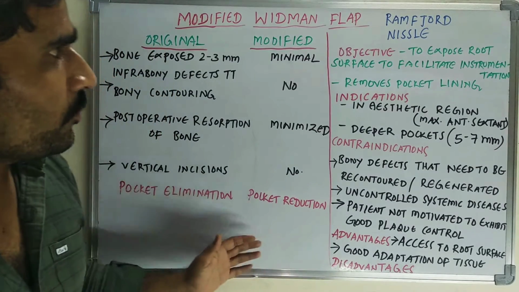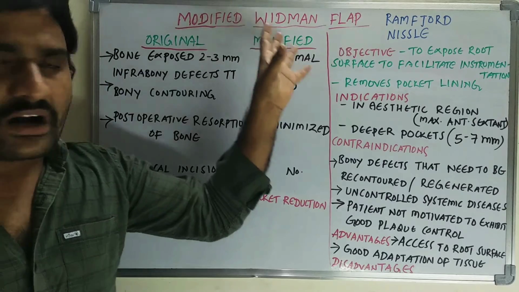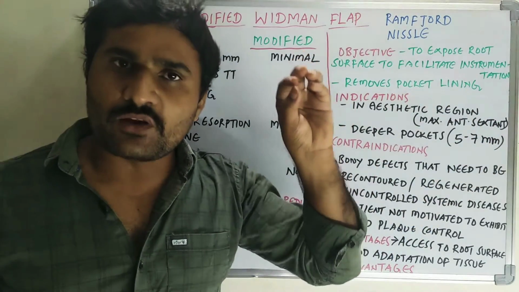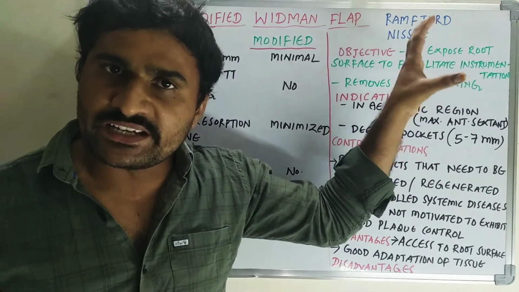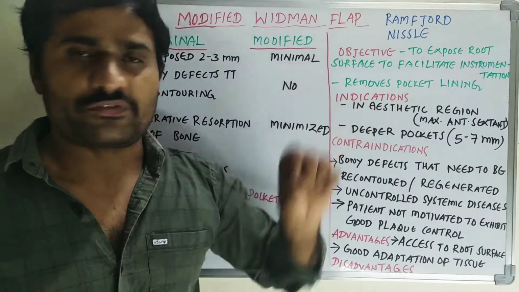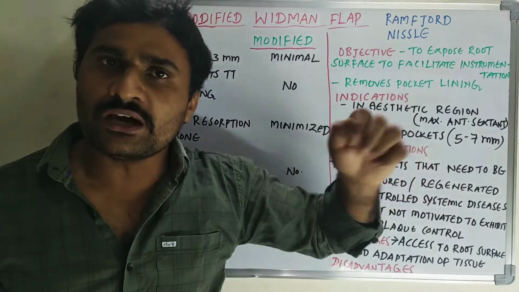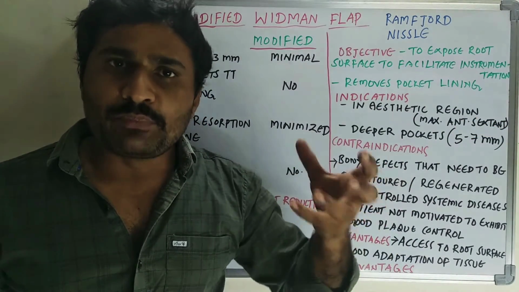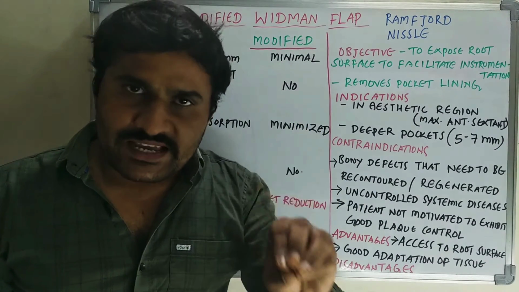So, coming to the objective, why you are doing modified Widman flap or any flap surgery, the main objective is to provide visibility and access to the root surface, to facilitate instrumentation, that is to do the curettage, complete granulation tissue removal, scaling and root planing.